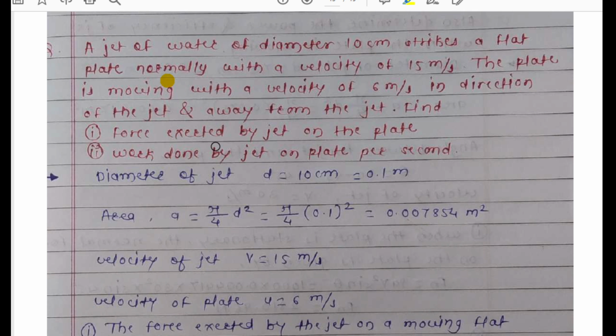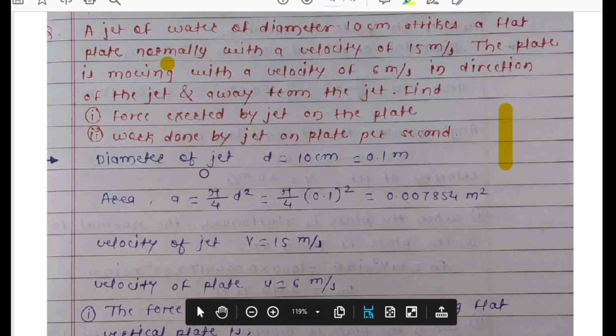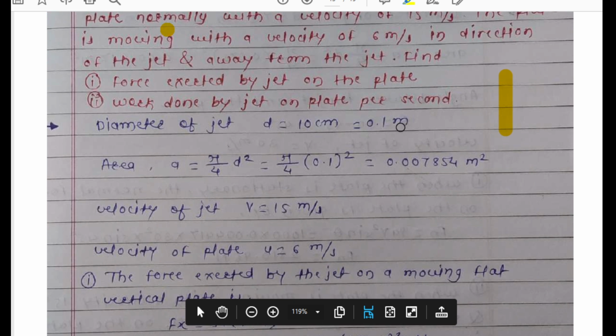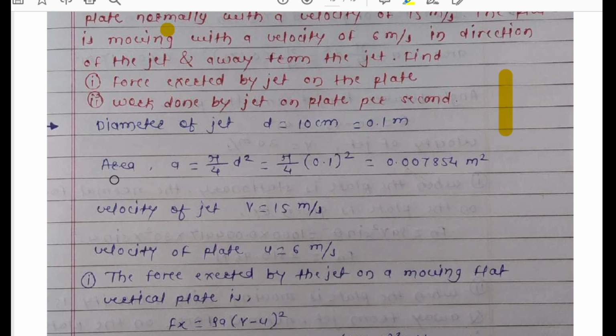So this is the condition of force exerted by a jet on a moving vertical plate. Convert the diameter into meters and we can calculate the area. A equals pi by 4 d square.